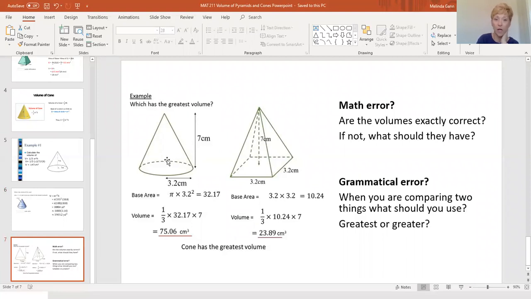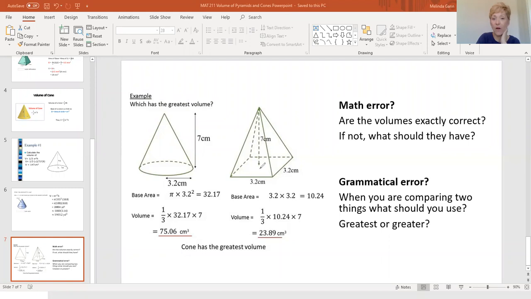You're comparing a cone and a pyramid. It says which has the greatest volume, so they want you to find the volume of this one and the volume of this one and tell which one's larger. Do you see this is a square pyramid? My formula is 1/3 capital B times H, so I've got to find the area of that base.